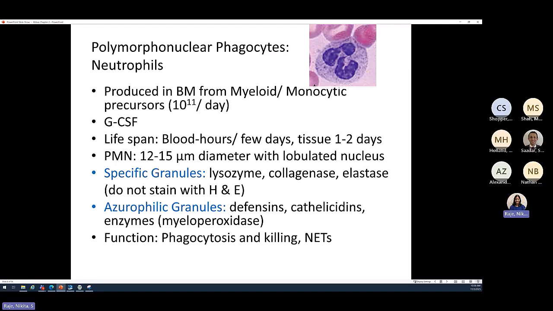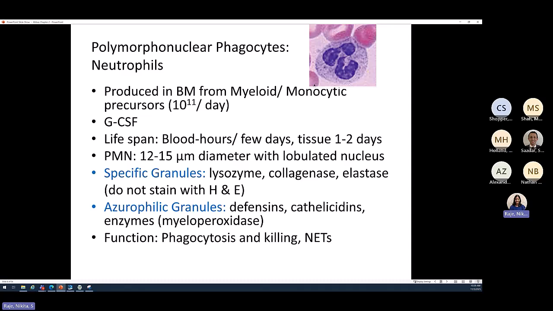They are about 12 to 15 micrometers in diameter and have that lobulated nucleus that gives them the name PMNs. They have specific granules that do not stain with H&E stain, and that is the reason they are called neutrophils, compared to the other cells, eosinophils or basophils, that do stain with H&E.